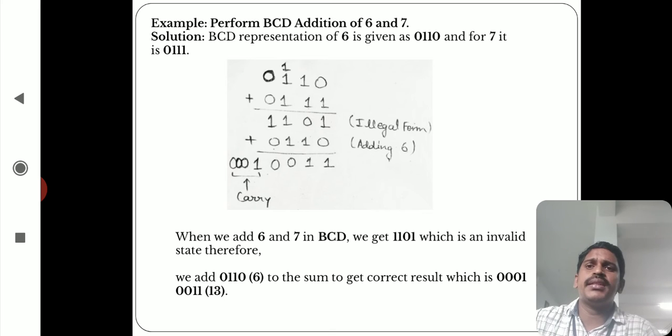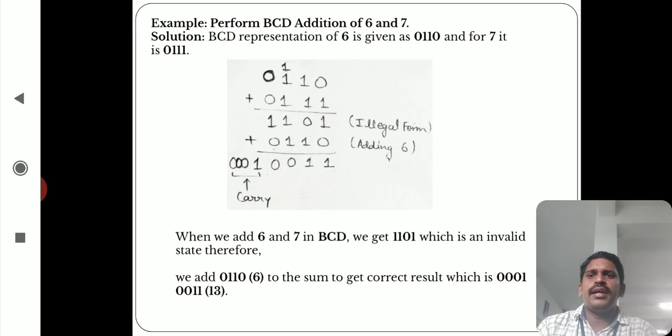Because we have to represent any binary number in the form of decimal values 0 to 9 only. 1101 is more than 9, more than our required values, hence it is an illegal form. If an illegal form is obtained in our result, then we add the value 6, that means 0110.